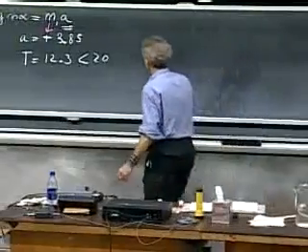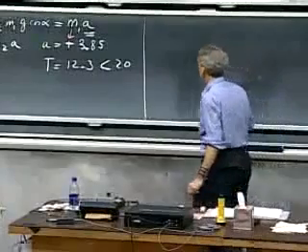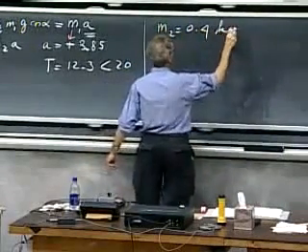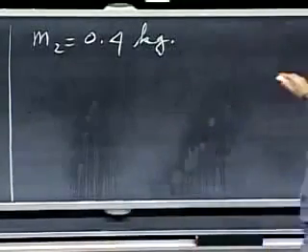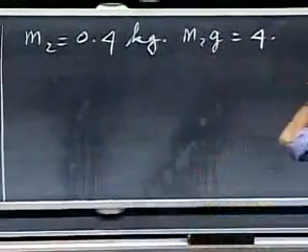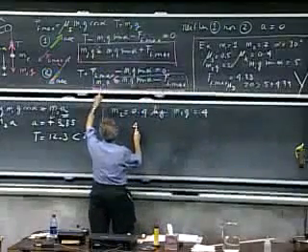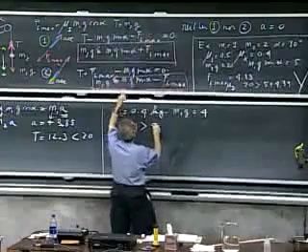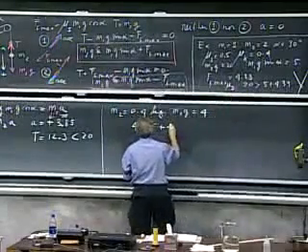Now, we take the same situation. I leave everything unchanged, but I make the second mass, M2, 0.4 kilograms. So now all the numbers remain the same, except that M2G now becomes 4. Now I'm going to test again. Is M2G, which is 4, larger than 5 plus the static frictional force, 4.33?